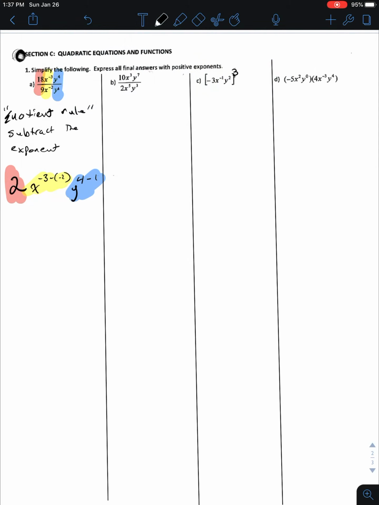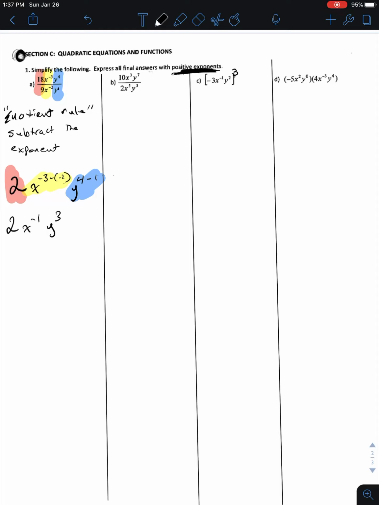If you break it down, it's pretty straightforward. What's hard is keeping track of all of them. So then your final answer is just do the math on the exponents. 2, -3 minus -2 is x to the -1. And 4 minus 1 is just 3, y cubed.